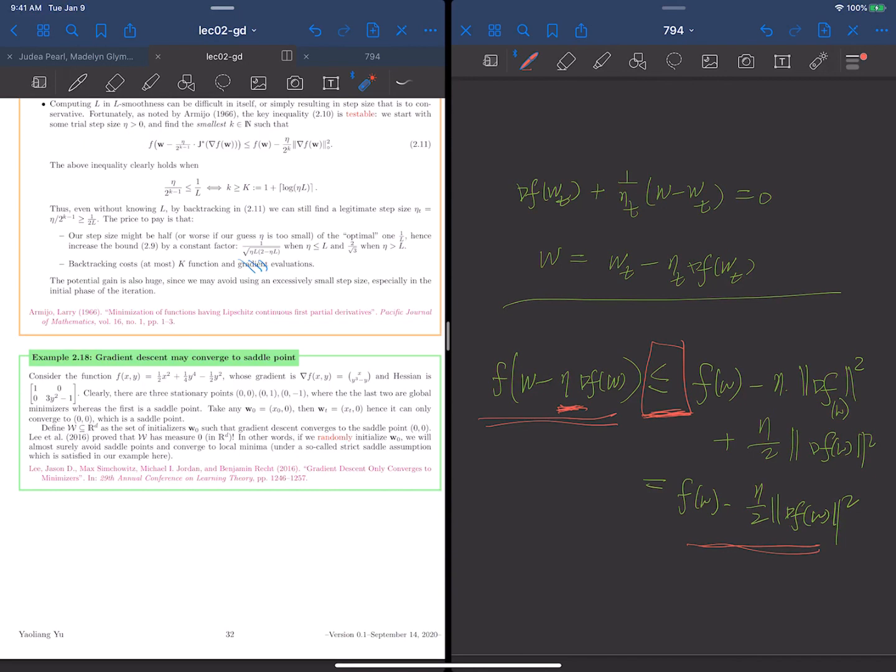So this basically means if you initialize your W0 randomly, then with probability 1, you are not going to converge to this saddle point. This is a very cool result that justifies why you should randomize your initialization when you run gradient descent.